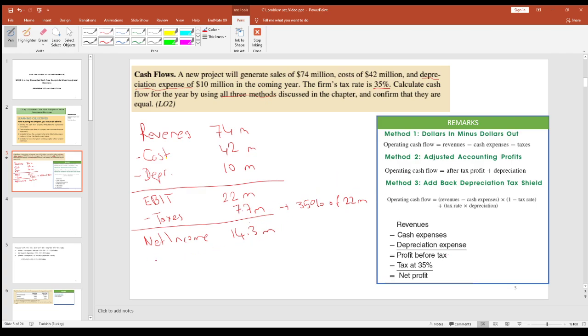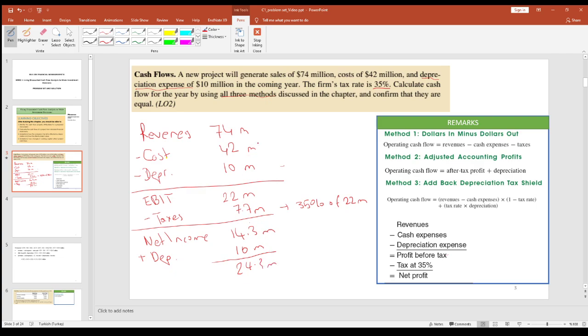Now the question is asking you to calculate cash flow, so I haven't finished yet. I need to add depreciation back to net income, because depreciation is not an expense that requires cash outflow. So add 10 million here, and I get 24.3 million.